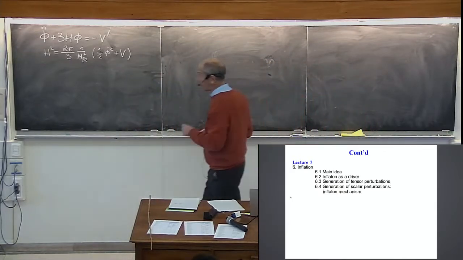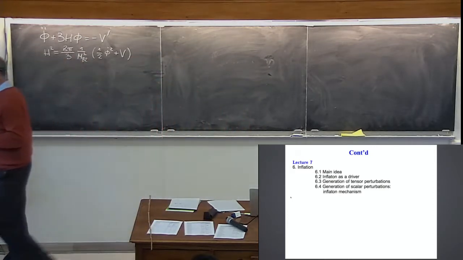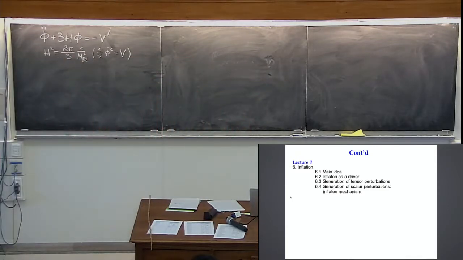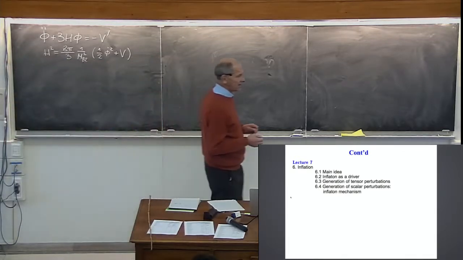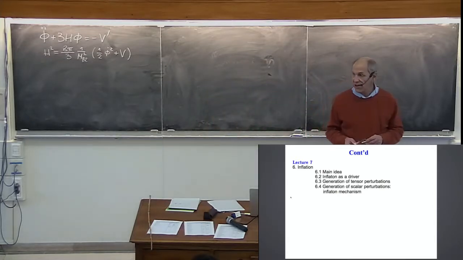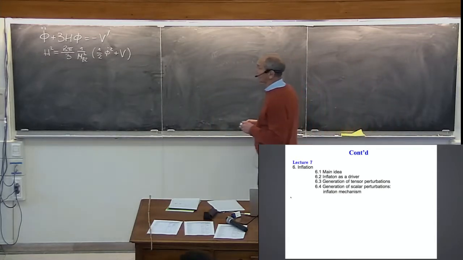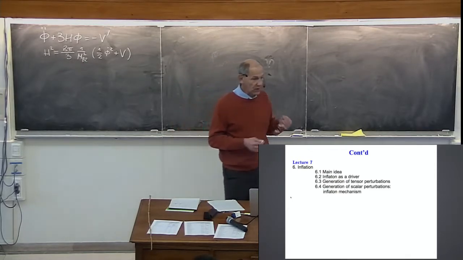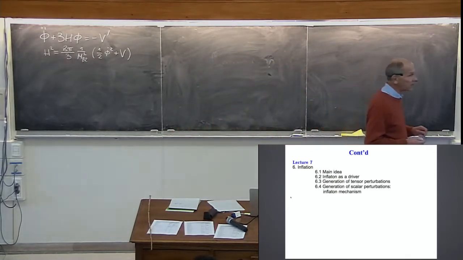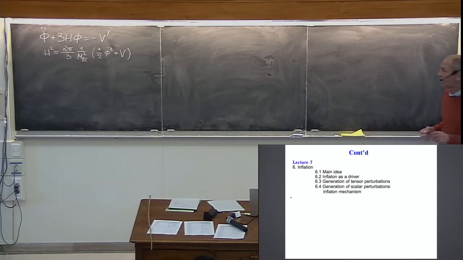And the story, it's interesting that it wasn't immediate that people understood that this system is quite simple. The inflationary scenario began not quite from this idea of slow roll, although it was implicit, in fact even explicit, in Starobinsky's paper on inflation.